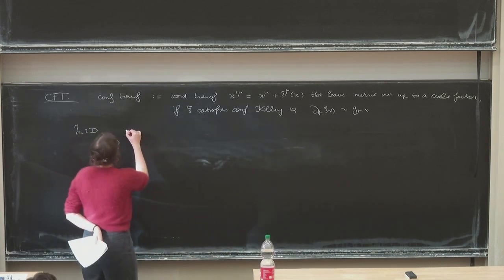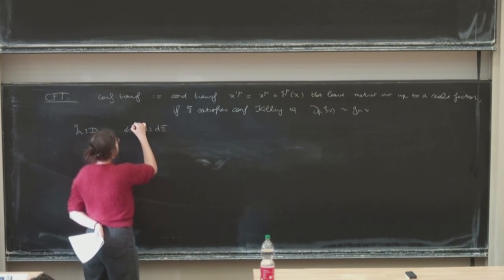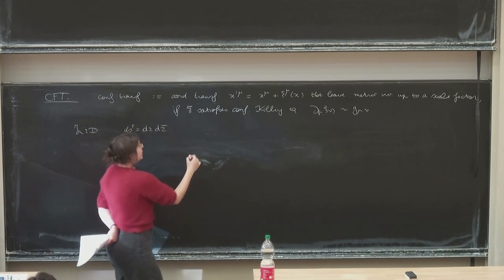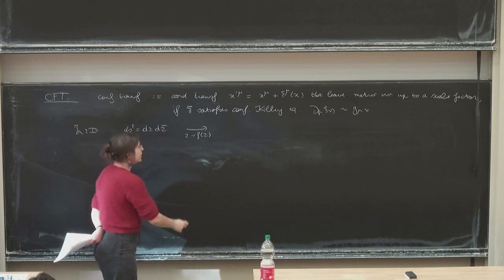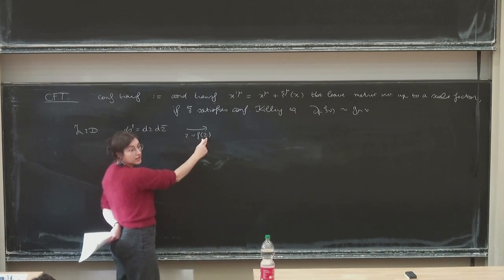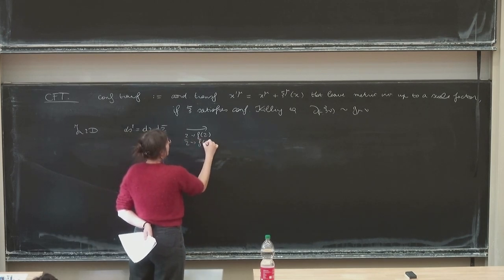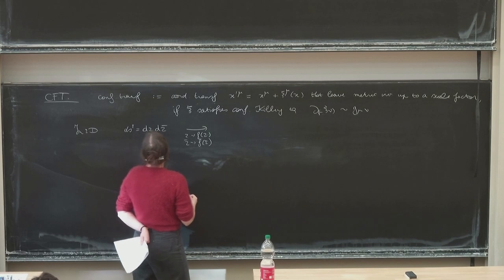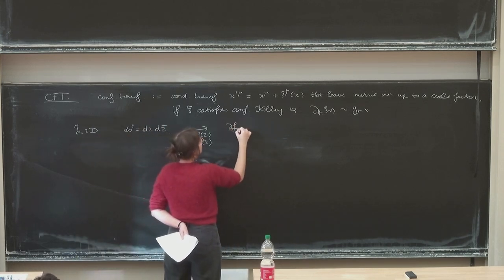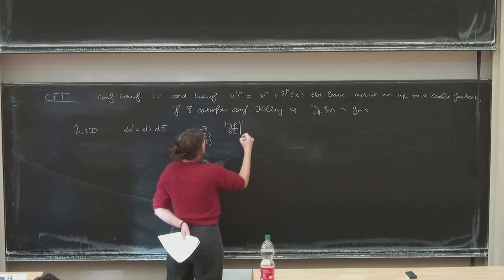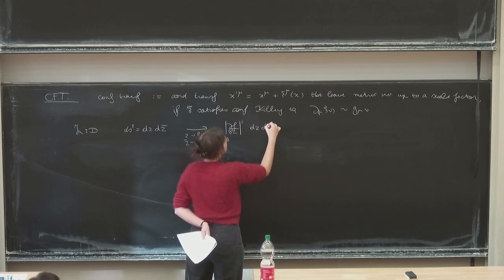Because your metric in 2 dimensions in complex coordinates is just dz dz bar. And if you do a holomorphic transformation, meaning you take z to a function of only z, not z bar, then your metric will be transformed into some scale factor, df over dz squared, times dz dz bar, okay?